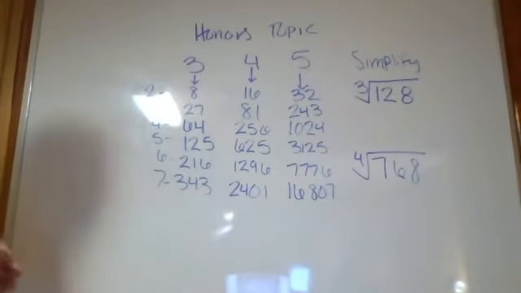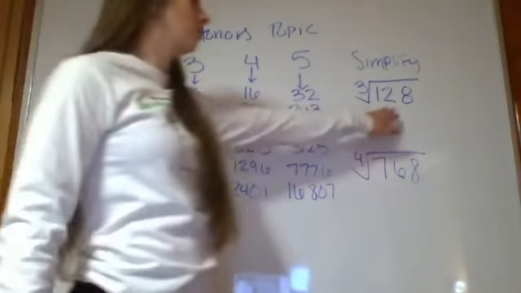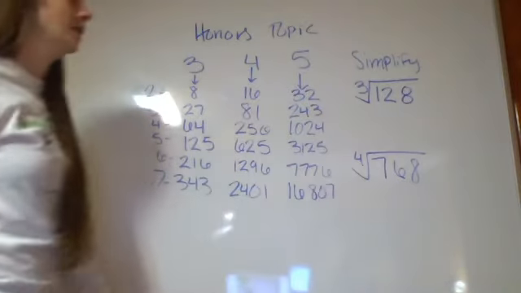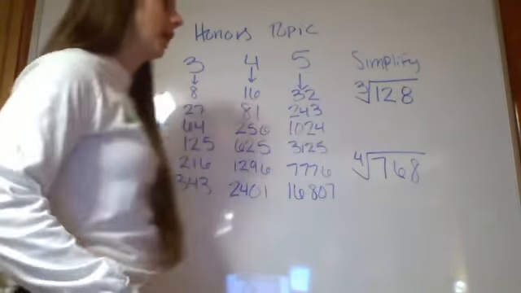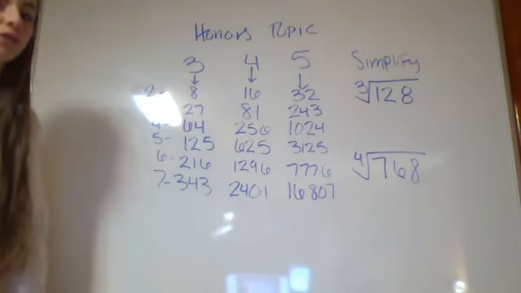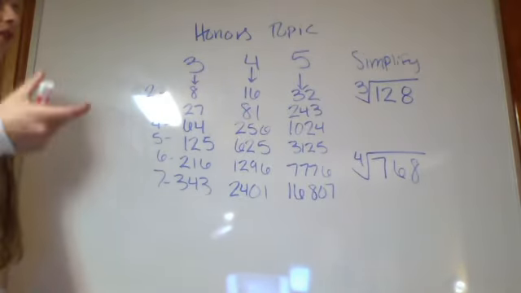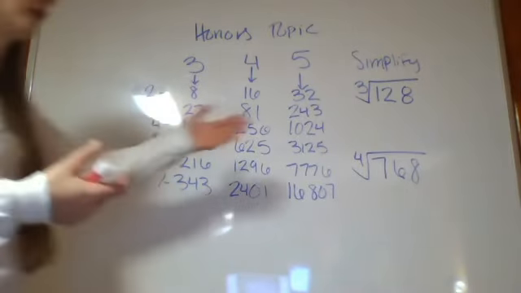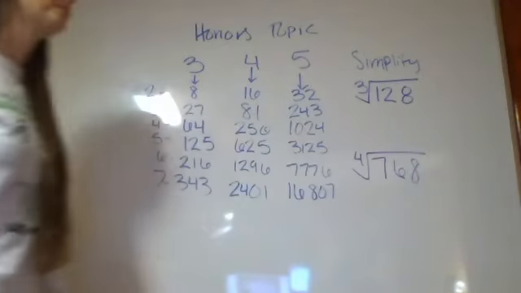Instead, what we're going to do here is take the number you are given. So in this case, it's 128. And it's a cube root of 128 that we have to simplify. So instead of saying, well, what are all the factors of 128? There are very few numbers that have a whole number cube root, especially that are under 100, okay?